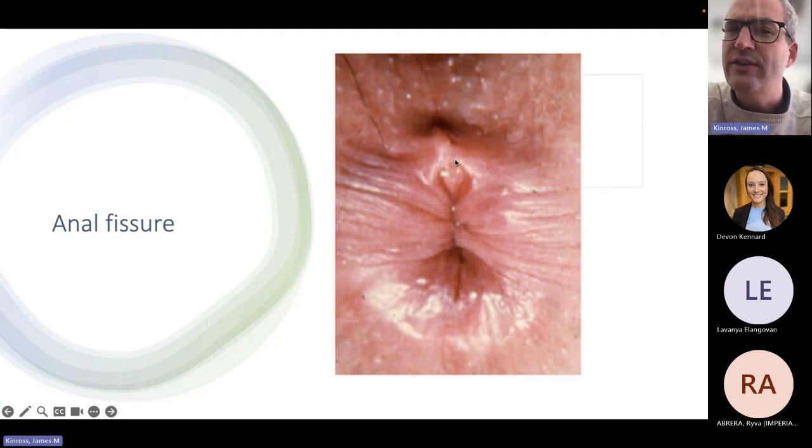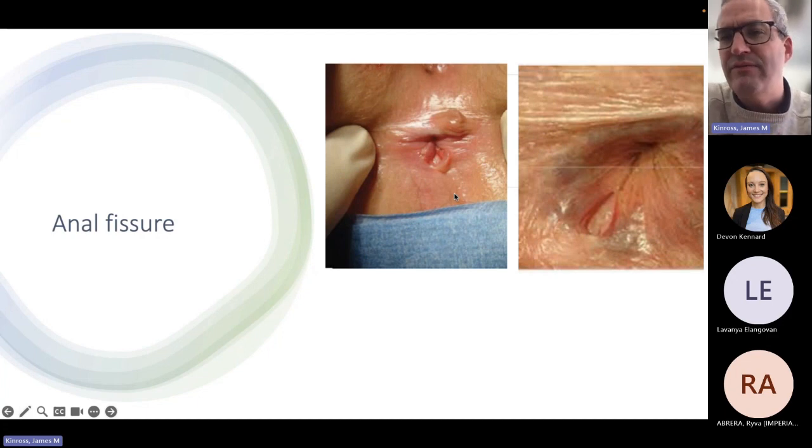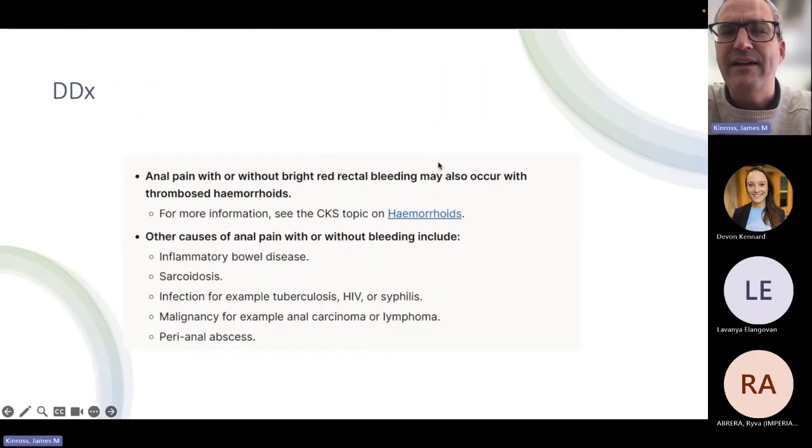It's always on the anal mucosa. It's sometimes hidden behind a little tag. You can see a little tag there. You'll see a little white base where you can see the fibers of the muscle underneath it, and it's exquisitely painful. So that, I think, is really quite discreet and quite different.